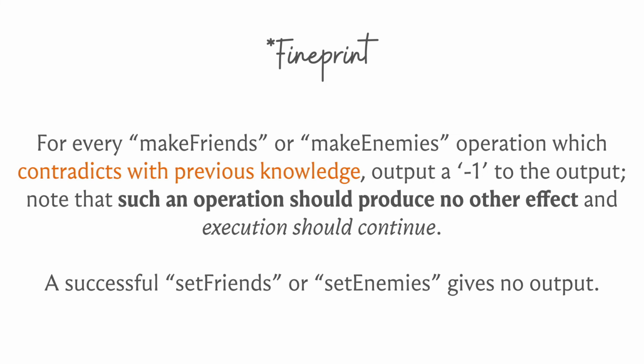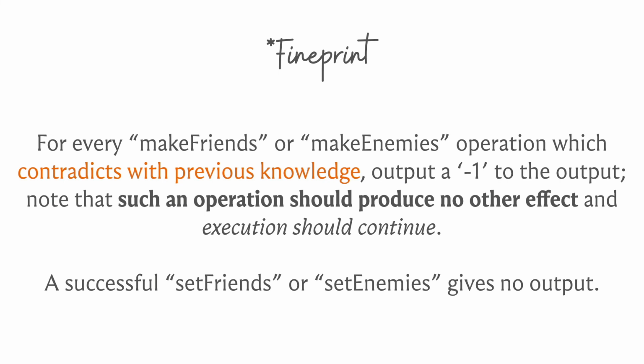So here is how this works. Whenever a make friends or a make enemies operation does not contradict your previous knowledge, but just adds to the picture that you're building, then you do all this background work of making note of this information and drawing inferences, but you don't have to do anything in terms of output. So you produce nothing as output for the valid make friends and make enemies queries.